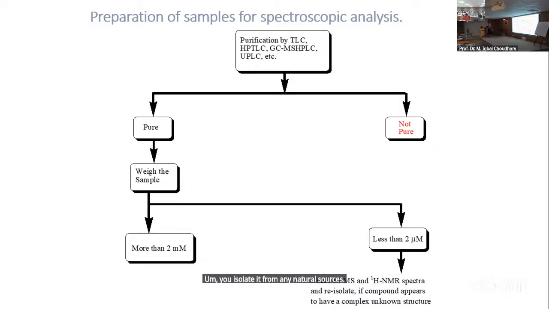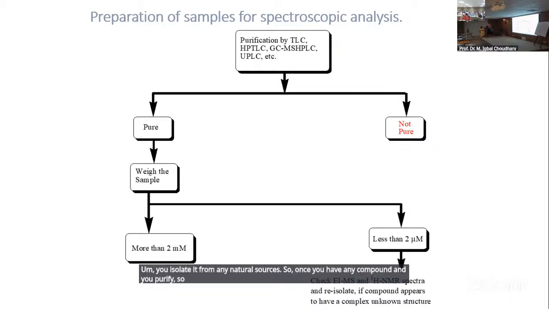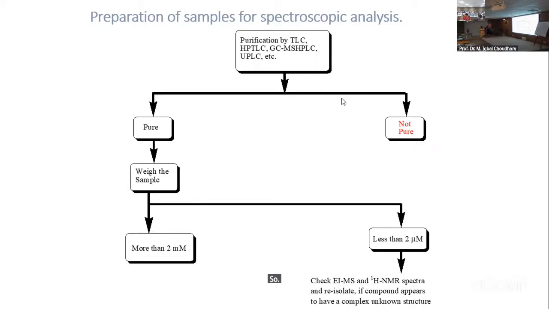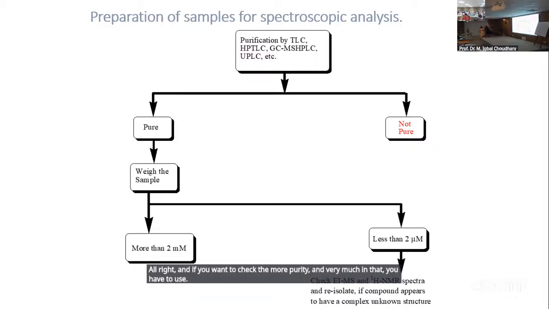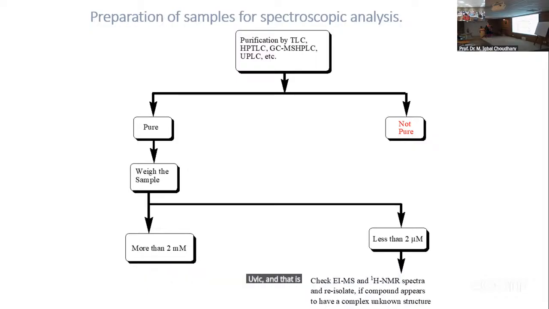Once you have a compound and you purify it, you would like to see if it is pure or not. First, check if it is pure on TLC. If you want to check purity more closely, you have to use UPLC, ultra high performance liquid chromatography.